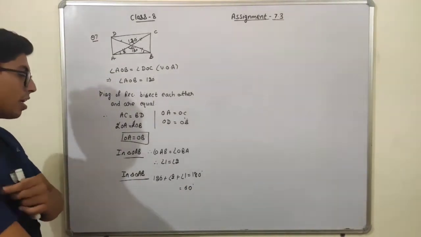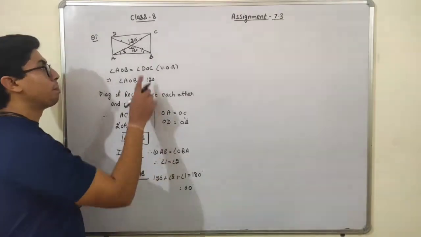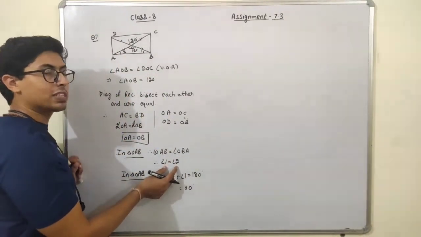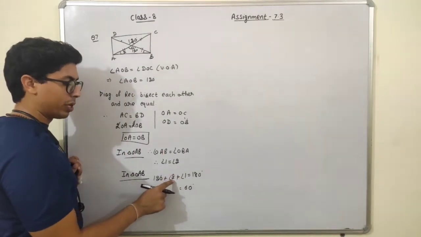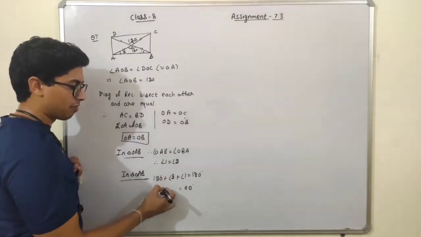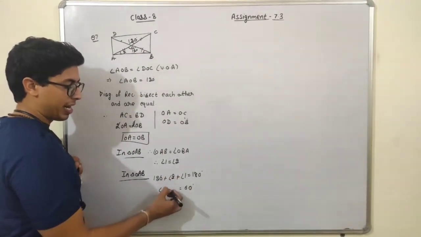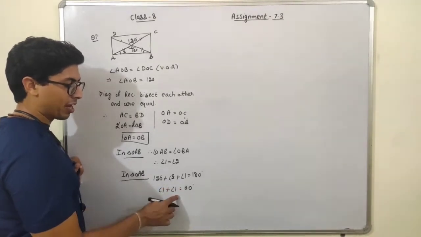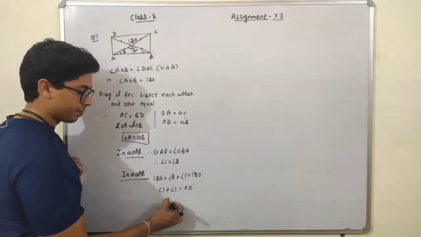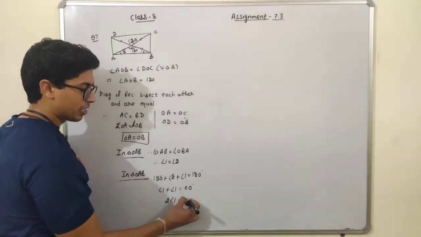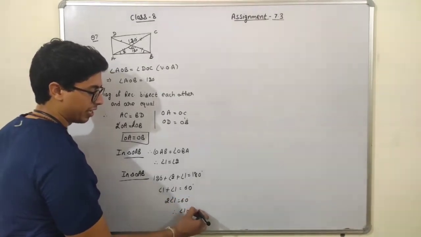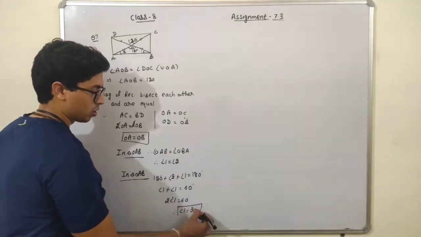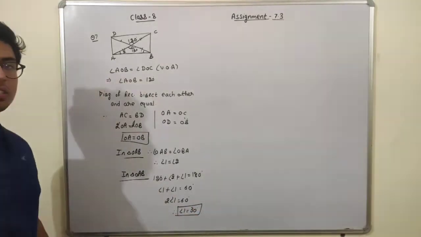Now angle 1 plus angle 2, both are equal, as I have already proved. So angle 1 plus angle 1, twice of angle 1, is 60. Therefore angle 1 is equal to 30 degrees. So this is our required answer.